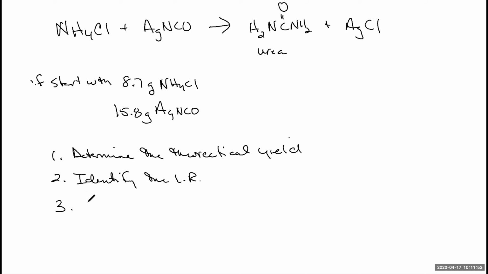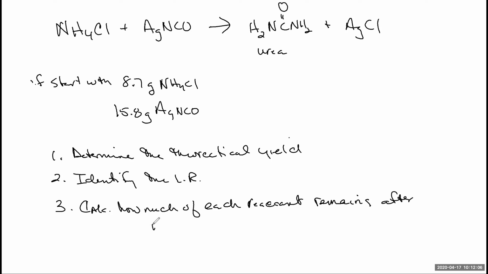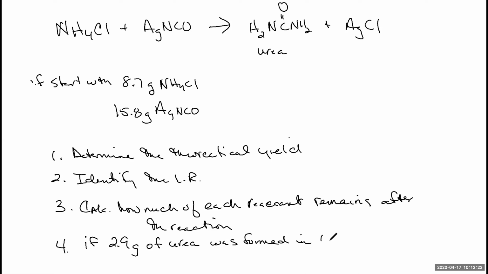And 3, calculate how much of each reactant remains after the reaction. So go through this and see if you can calculate these things out. Last thing I could say is if 2.9 grams of urea was formed in the lab, calculate the percent yield.